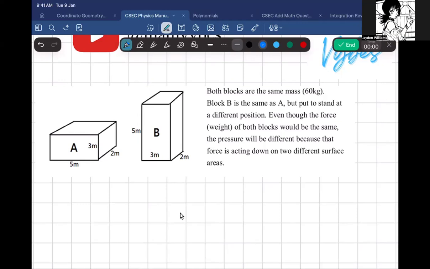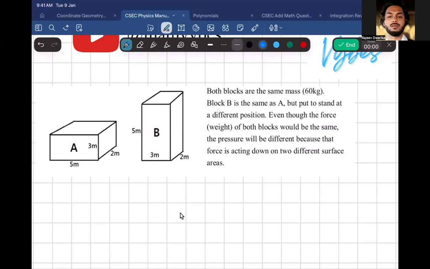Yes, basically both blocks have the same mass, but the force is different because of how it's laying down. So block A is laying down flat on the bigger face of the object, so the force would be spread out, while block B is laying down on the smaller face of the object, meaning the force would be heavier.